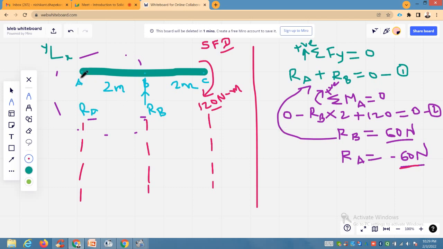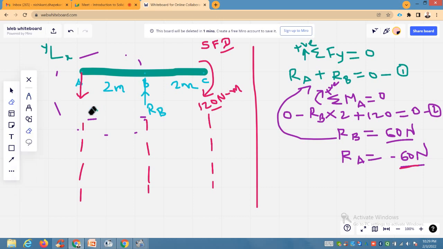As we are getting minus 60, it is obvious that you have to apply it in downward direction, right? Because the value is negative. So I have changed the direction. RB is 60, so it's okay, no problem.